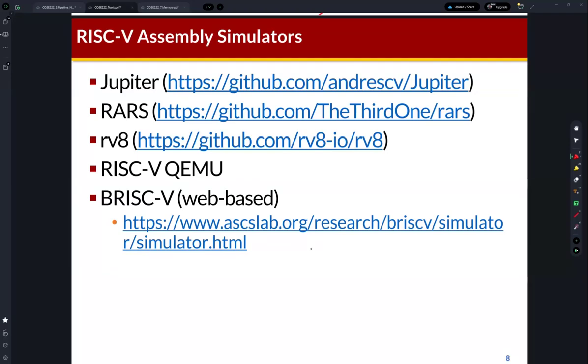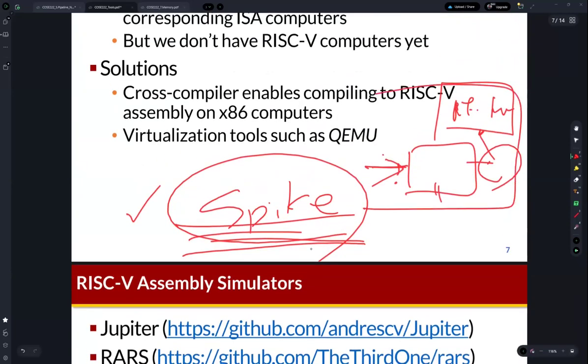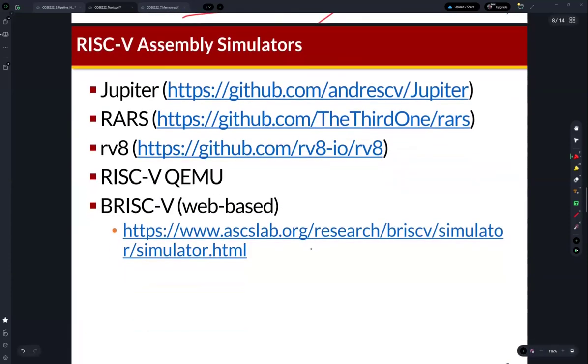These simulators just show the changes of the register file and memory, because you need to remember that this is the execution model: the instruction is executed, then the register file and memory change. The simulator just implements these behaviors using software.